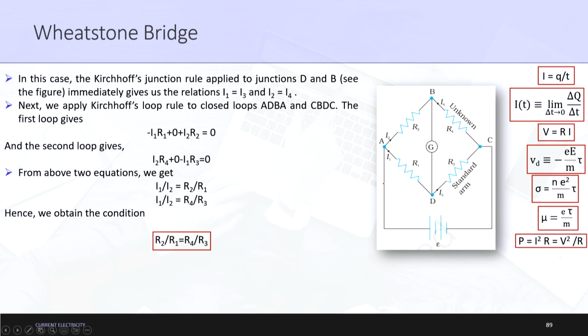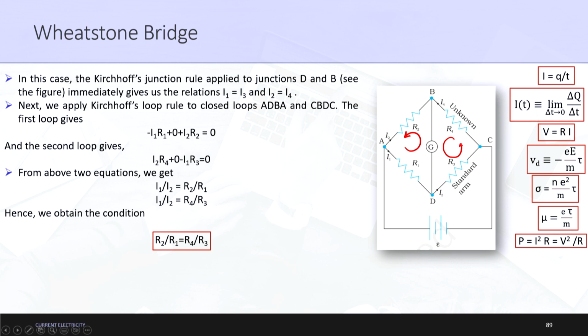Next we apply Kirchhoff's loop rule to the closed loop ADBA. Let us suppose this is the first loop. The second loop is CBDC.